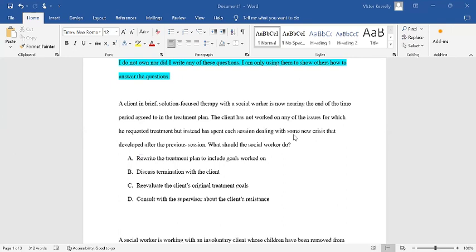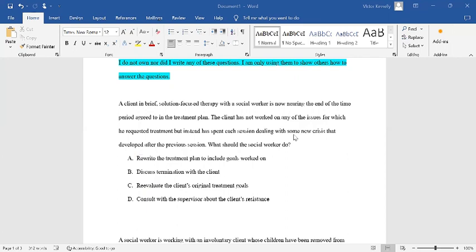What should the social worker do? From my experience, most questions that have "should" are focusing more on ethics. So what is the right thing to do? What's the best thing the social worker needs to do in a situation, based on the knowledge of social work and ethics put together? That's what they expect in this answer choice.